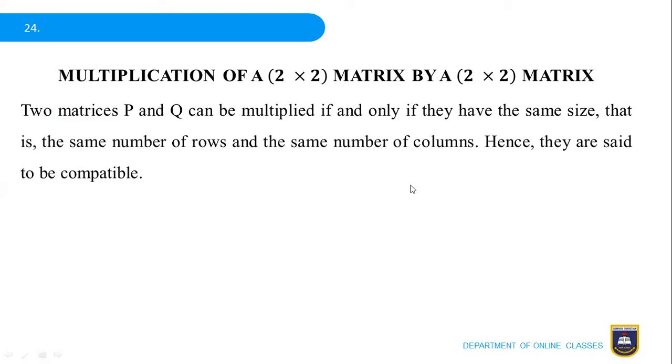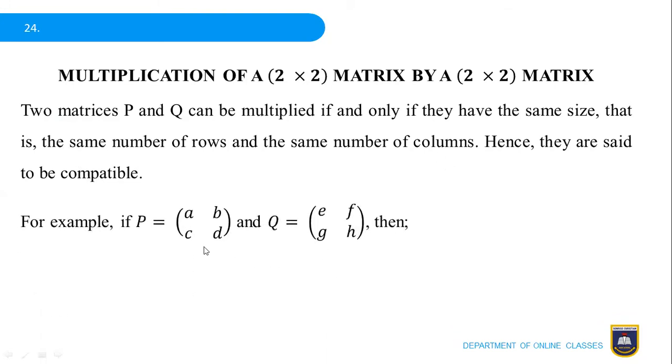Hence, they are said to be compatible. So if you have two matrices which involve multiplication and they have an equal number of rows and an equal number of columns, we say that those two matrices are compatible.